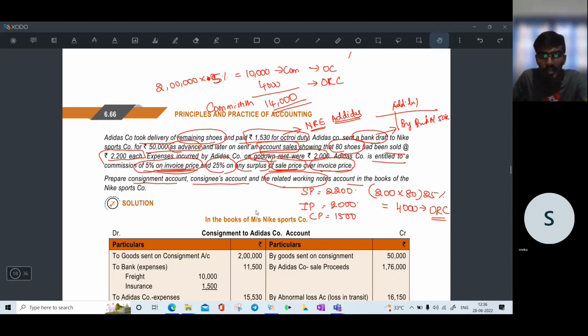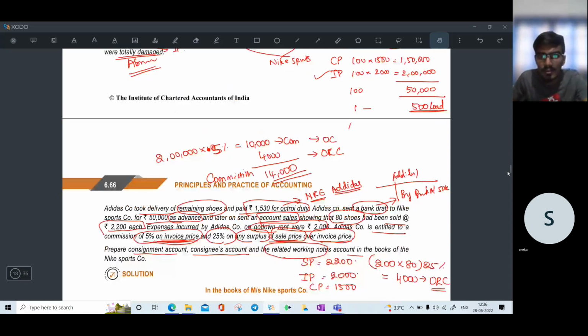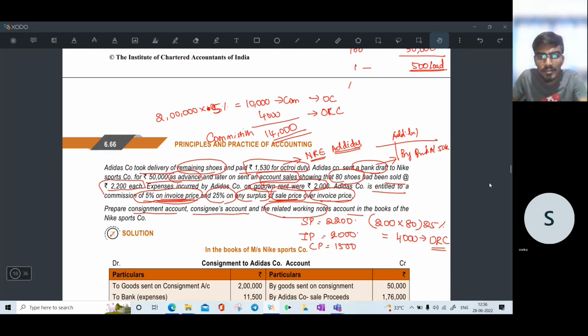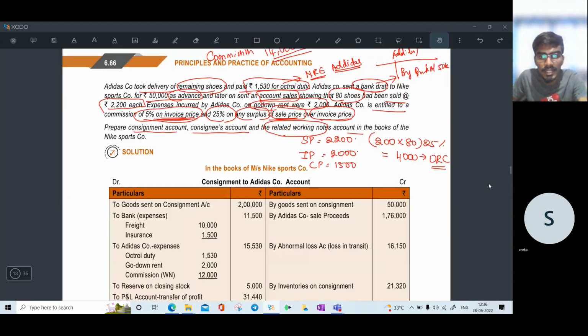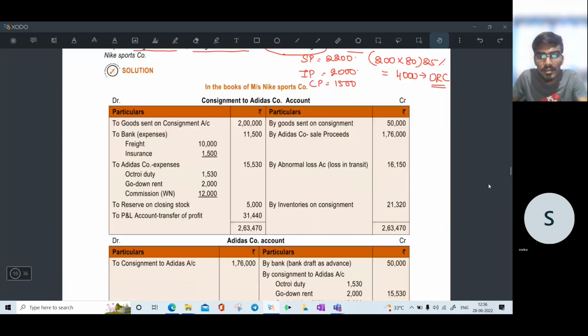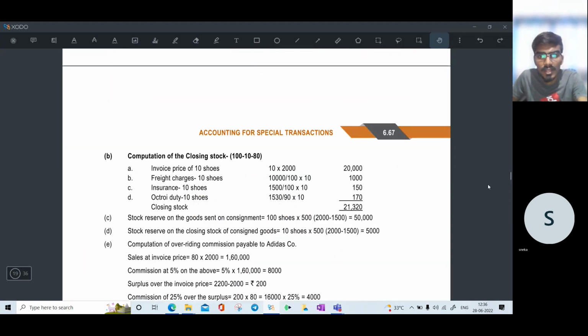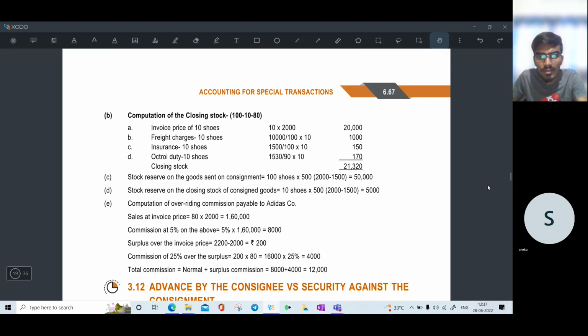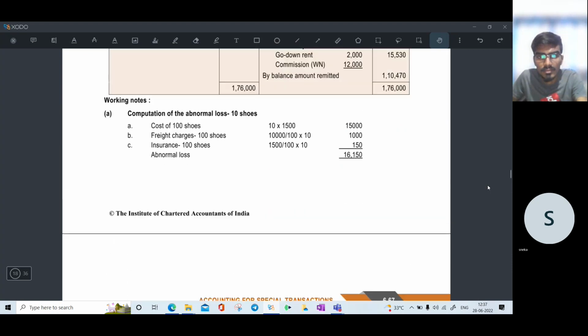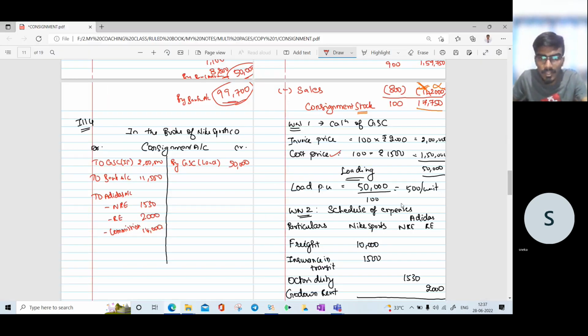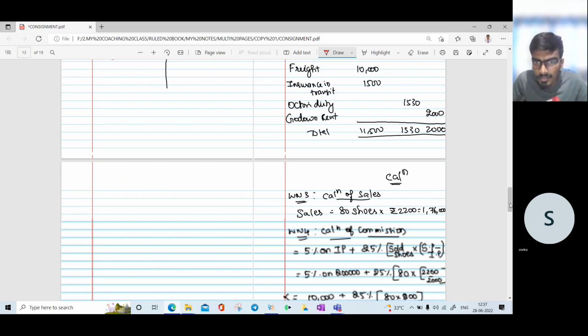Are there bad debts? Sneha, are there bad debts, or no bad debts in this question? No bad debts, correct? No, sir. Okay. Bad debts are not there. There is a slight change in the invoice price.